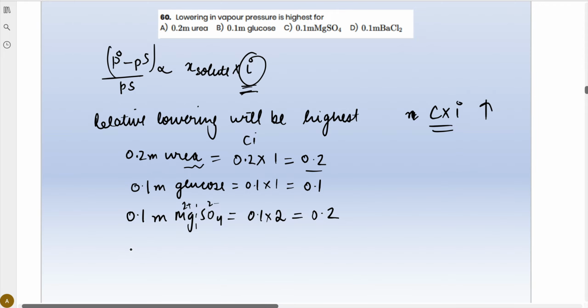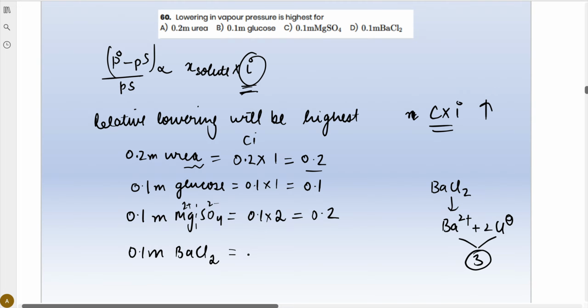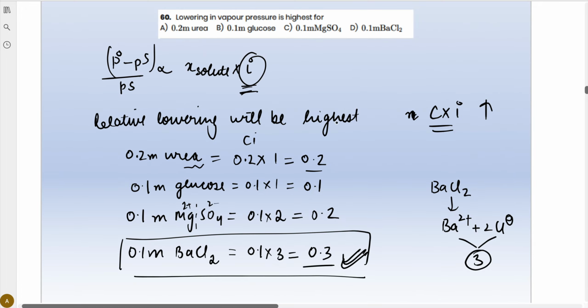This is also 0.2. And this one, 0.1 barium chloride. Now barium chloride will have how much van't Hoff factor? It will be 1 barium ion and 2 chloride ions. So 3 ions are there after dissolution. So here 3 ions, this will come. So highest C into i will be for barium chloride. Therefore the highest lowering of vapor pressure will be for option D, barium chloride 0.1 molar.